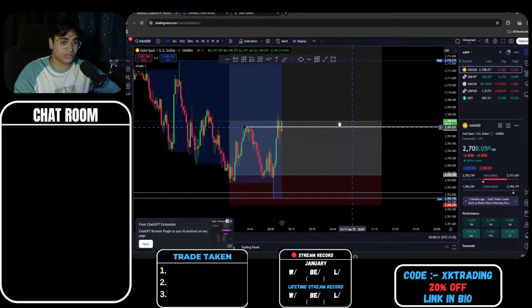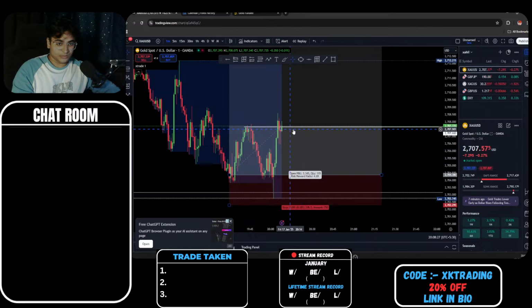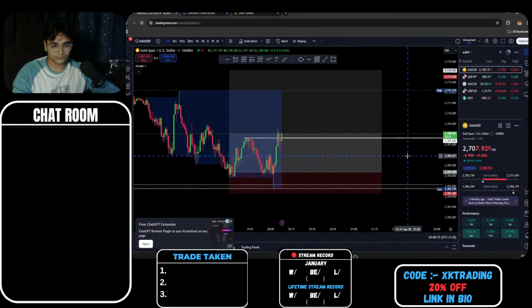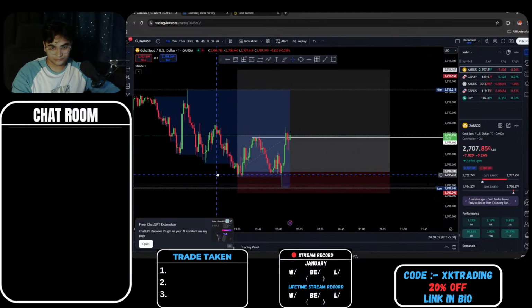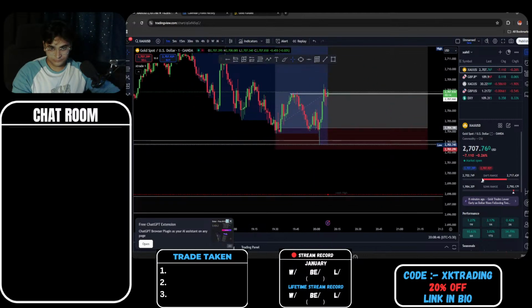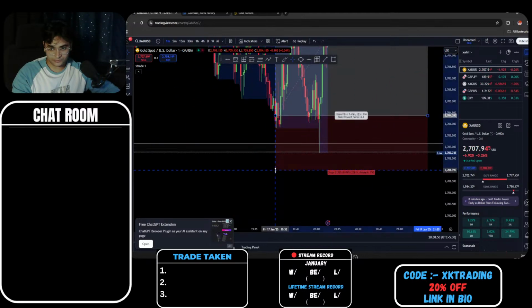If the price is in really strong momentum, then there is no going back. All right, guys, there's no going back. But if not, then we will tap into these areas, create a proper structure, then move forward. Let's give a little room.